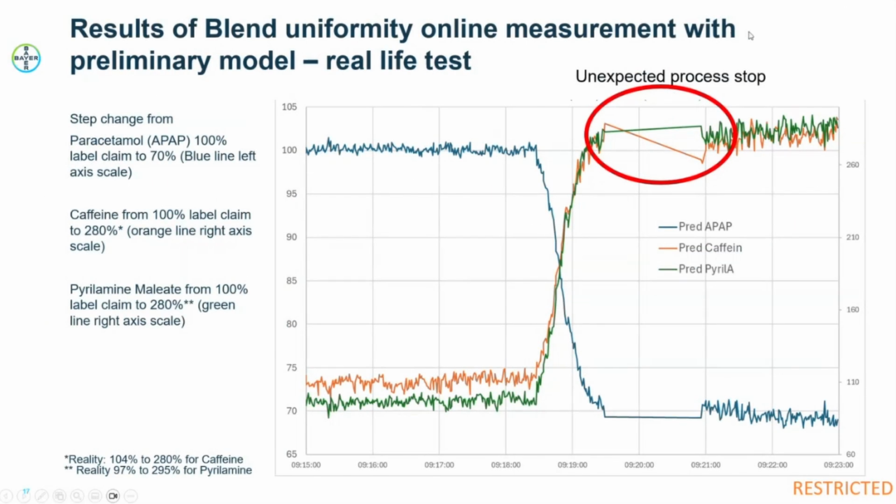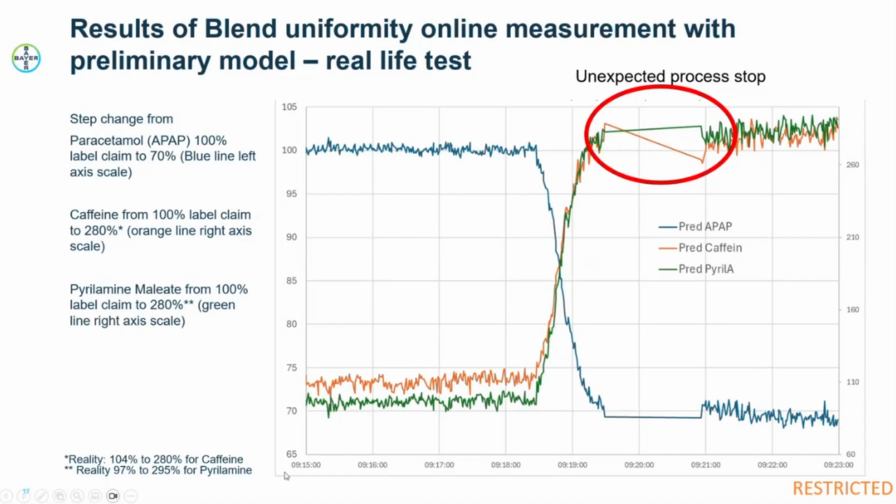What was the outcome? In our first trial, we checked blend uniformity with online measurements, with a preliminary model, and we did a step change of paracetamol from 100% label claim to 70% label claim. You can see it here.